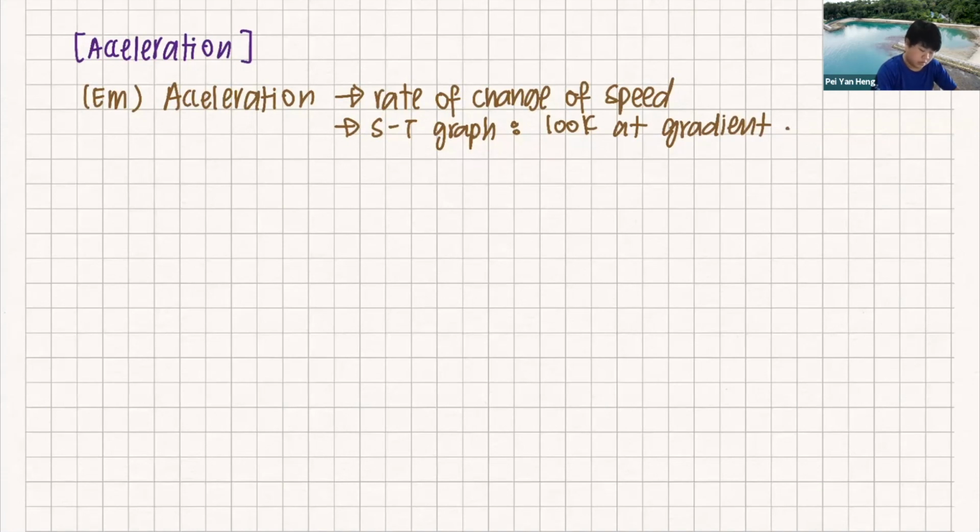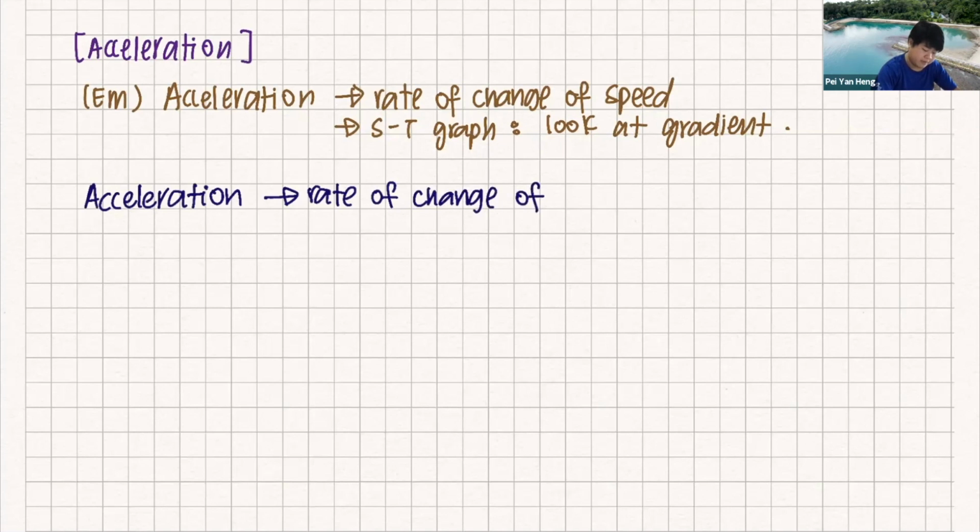When it comes to AMF, acceleration has the same meaning; the definition doesn't change. It is the rate of change of, instead of speed, velocity, because we are using velocity in kinematics. Looking at the gradient, it will be dv/dt.